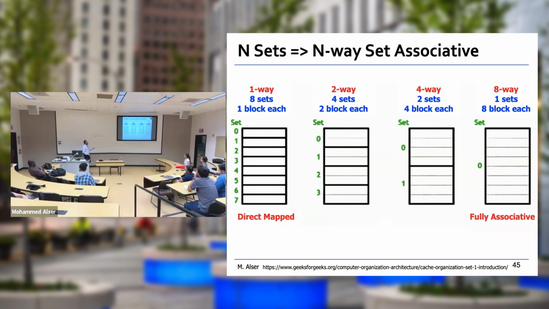We normally have a power of 2 as the number of ways or number of sets. However, that is not a requirement. It's not really that we have to have 2 ways or 4 ways, 8 ways, 16 ways, and so on. We could have 3 ways, 4 ways, 5 ways, 6 ways. However, we are going to waste some of the hardware that we use.